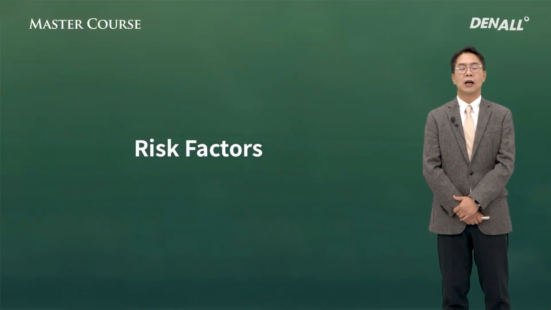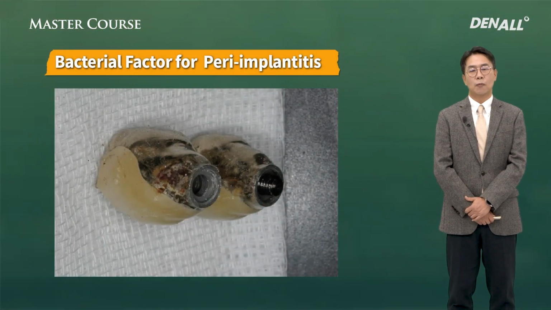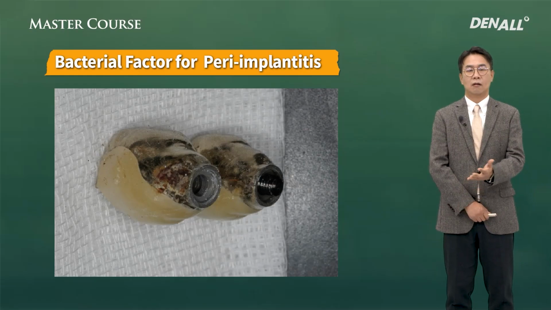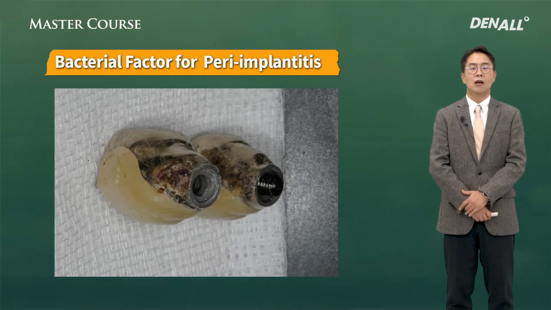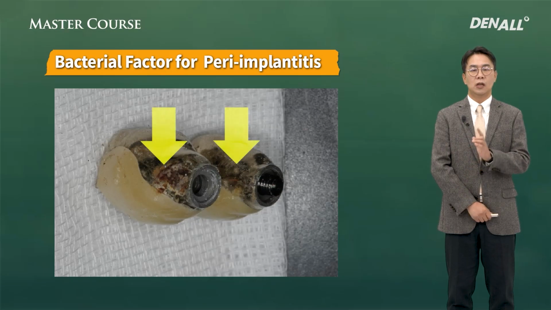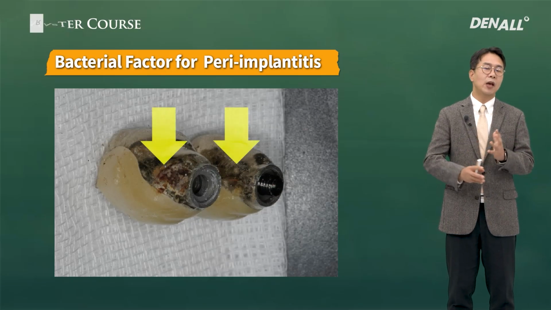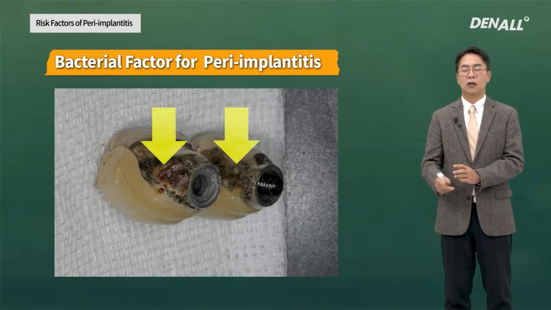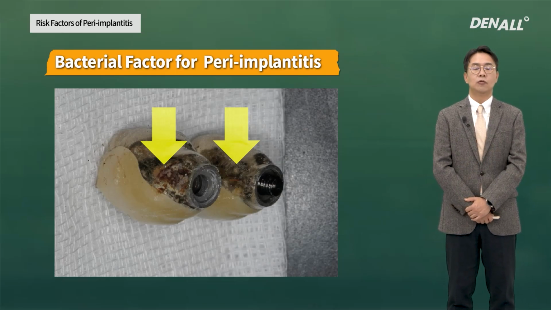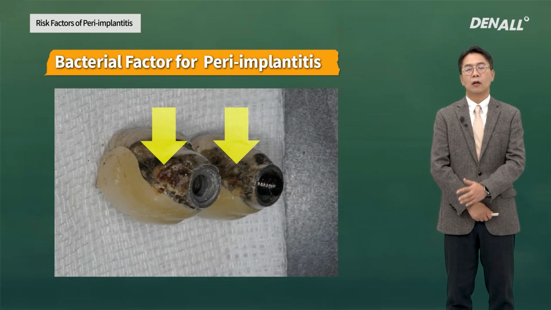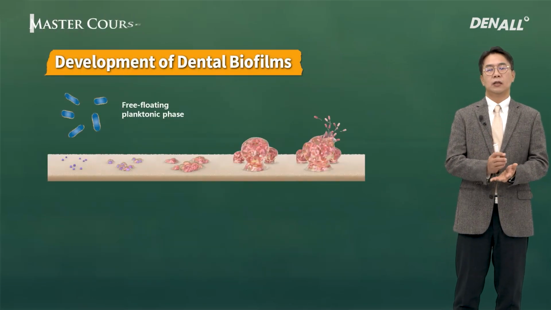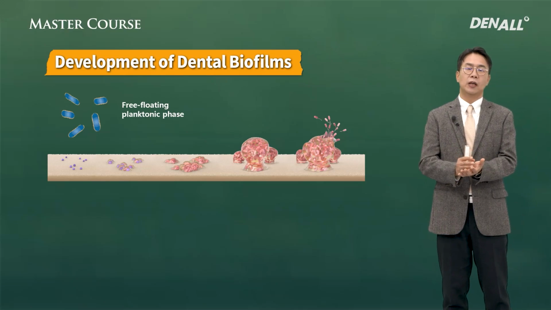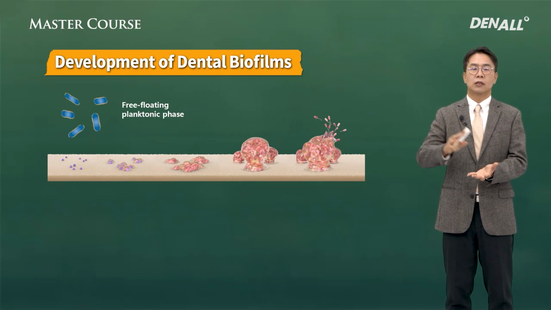Risk factors, let's look at one by one. The first one, as I said before, calculus and plaque, the biological bacterial factor, that is a bone loss due to infection, which can be controlled to reduce the peri-implantitis. Development of dental biofilms, how they are accumulated.